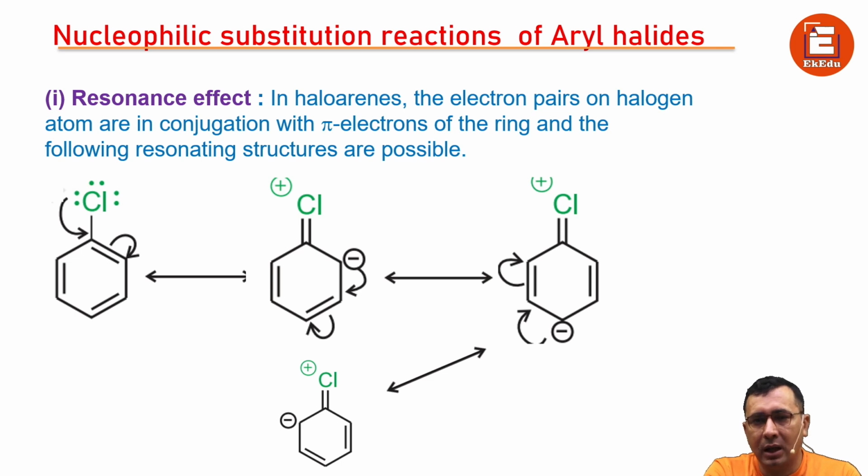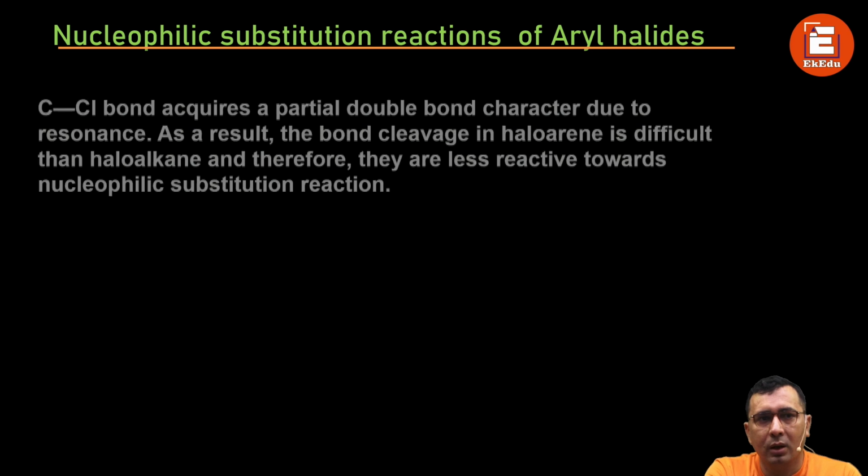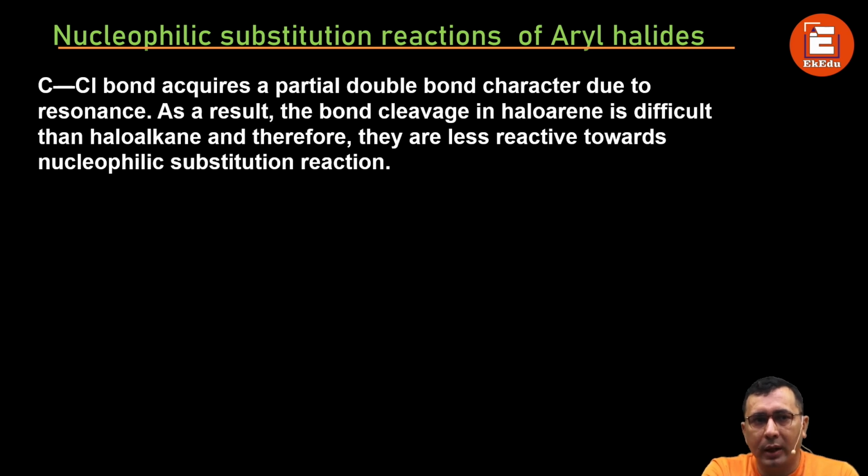It means the carbon atom of the benzene and the chlorine atom become double bonded, which is a very strong bond. In haloarenes, the electron pairs of the halogen atoms are in conjugation with the pi electrons of the ring, and the following resonating structures are possible. Now, the C-Cl bond acquires a partial double bond character due to the resonance.